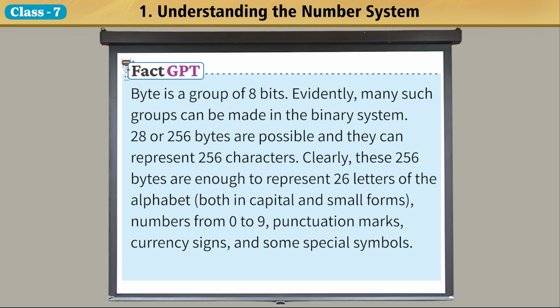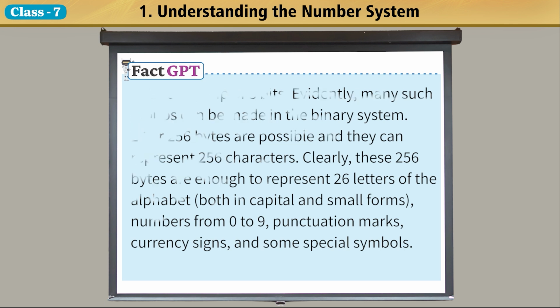Byte is a group of 8 bits. Evidently, many such groups can be made in the binary system. 2^8 or 256 bytes are possible, and they can represent 256 characters. Clearly, these 256 bytes are enough to represent 26 letters of the alphabet, both in capital and small forms, numbers from 0 to 9, punctuation marks, currency signs, and some special symbols.